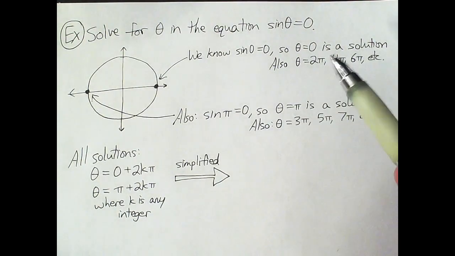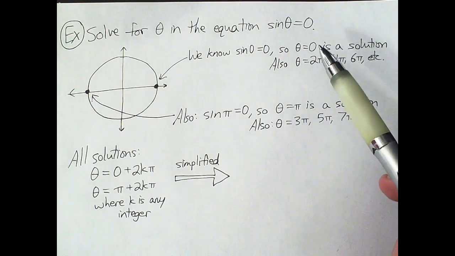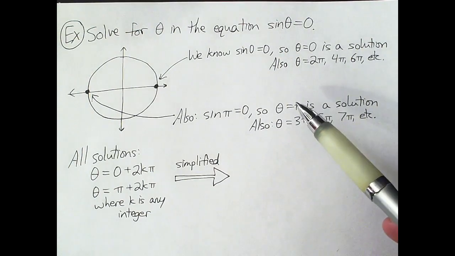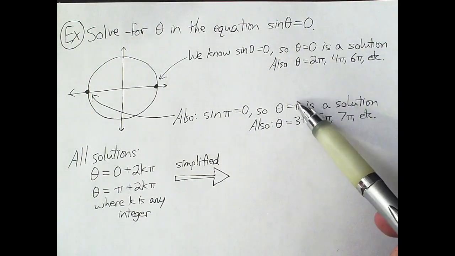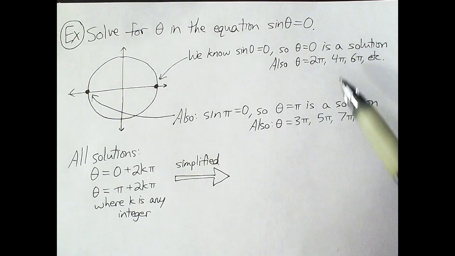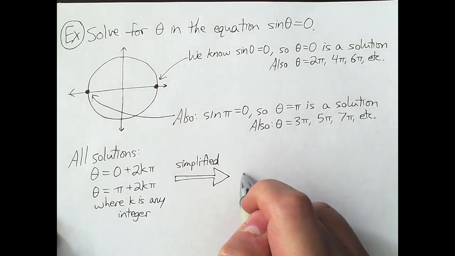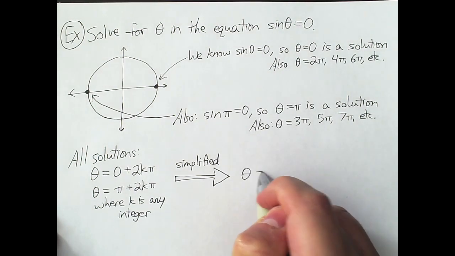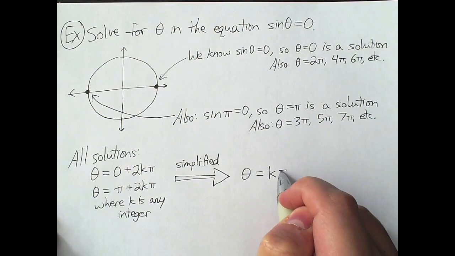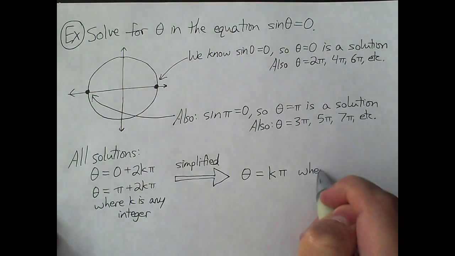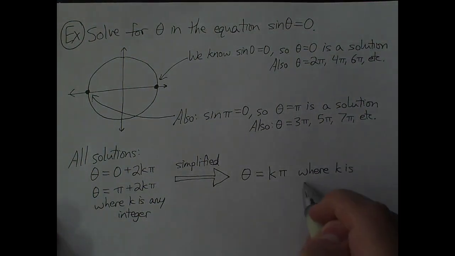Well, let's look up here again. If we were to list out all the solutions, what would they be? They'd be 0. Let's try to list them in order. 0, pi, 2 pi, 3 pi, 4 pi, 5 pi, 6 pi, 7 pi, 8 pi, 9 pi. It seems like we should just say any integer multiple of pi. And we can do that by just saying k pi, where k is any integer.